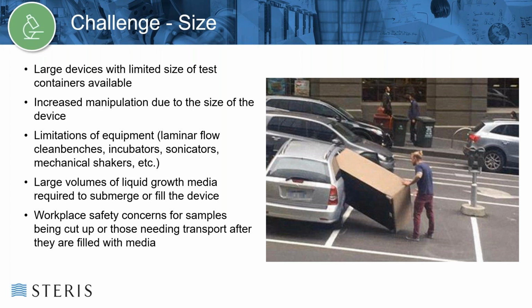They can be reused in the laboratory through autoclaving, and autoclaving the media within those containers. There is increased manipulation if we are manipulating the device to fit it into those containers, which can lend to a greater potential for incidental contamination during the testing process and other health and safety issues for the technicians performing that testing.